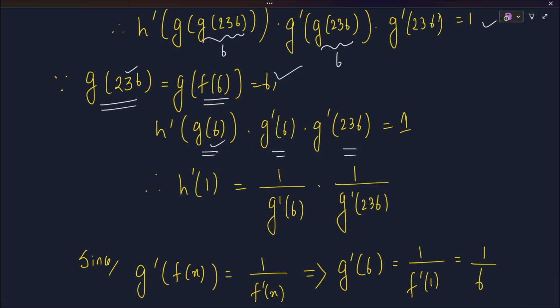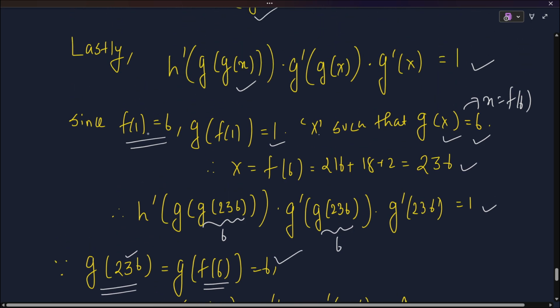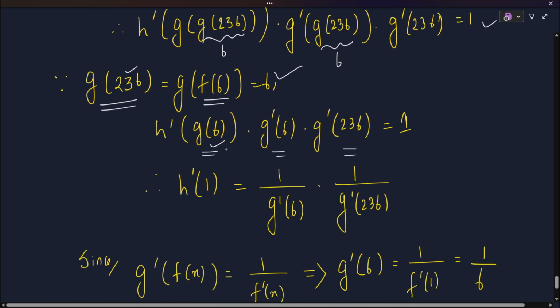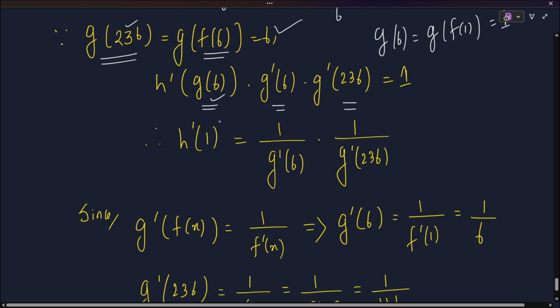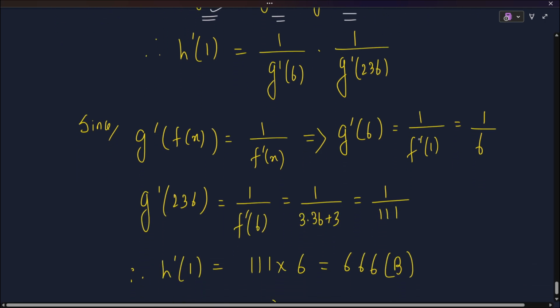Again, since g of 6 is 1, because we just found out that f of 1 is 6, g of 6 is nothing but g of f of 1. So if you have confusion, g of 6 is nothing but g of f of 1 equals 1, then this is basically h prime 1, which is what we want, equals 1 by g prime 6 into 1 by g prime 236.